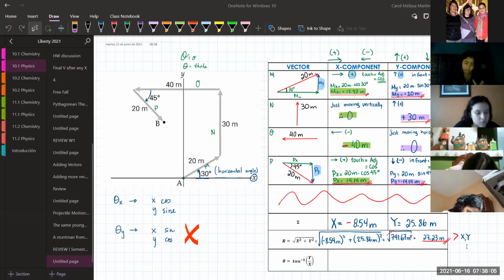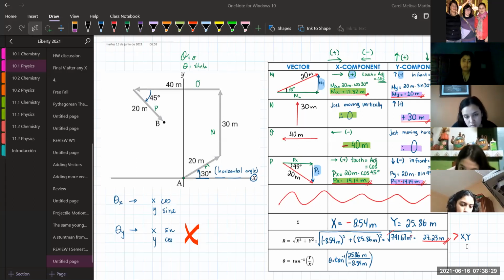So we say that the angle theta is going to be equal to arctangent of y, which is 25.86 meters, divided by x, that is negative 8.54 meters.